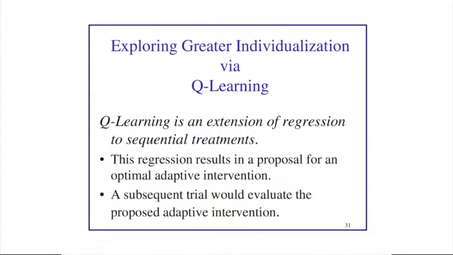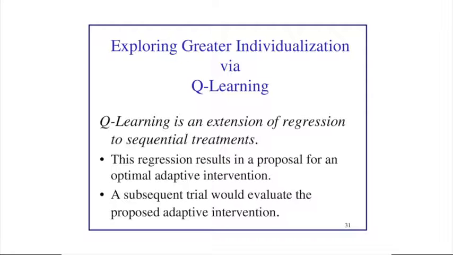There's a method in computer science called Q-learning. Right away, you should say you know it's in computer science because it has learning in the name. All computer science methods have learning in the title, if you're familiar with that. And this is a machine learning method. It's one of the machine learning methods. And Q means quality of treatment. That's why it's called Q. We're going to learn the quality of the treatment.